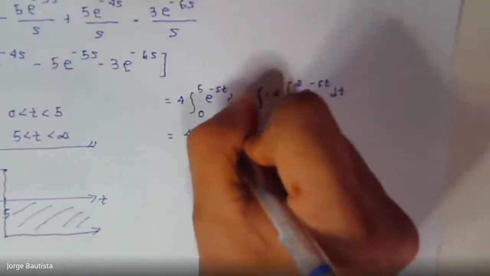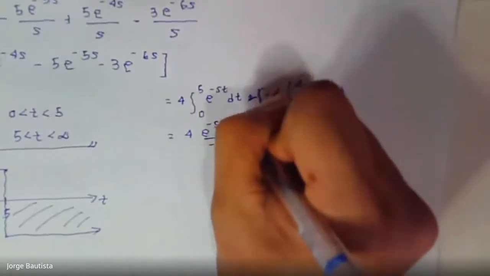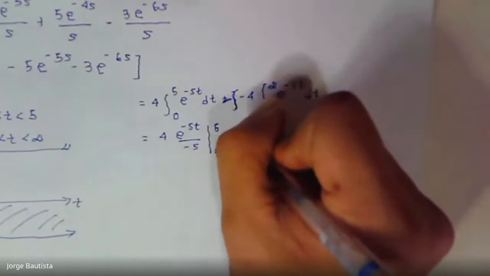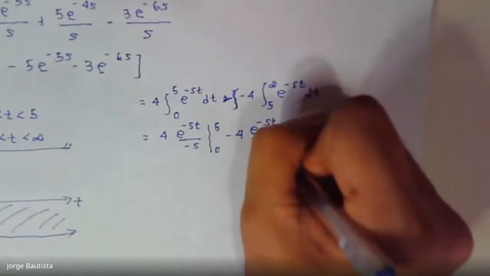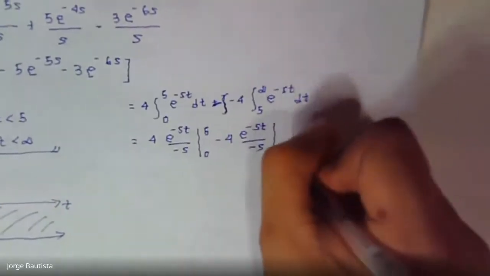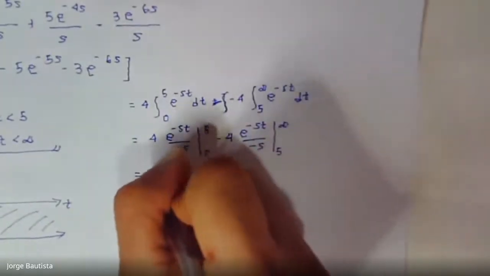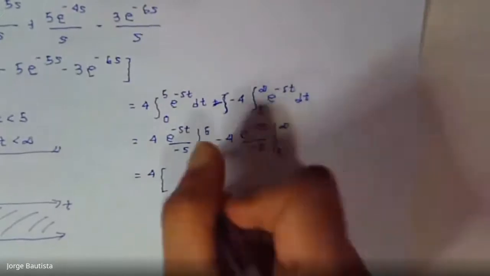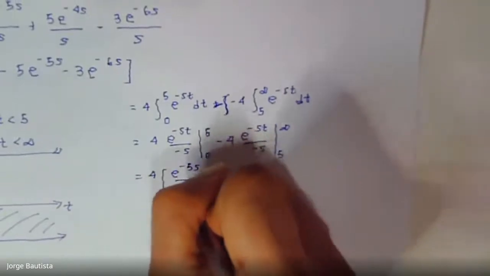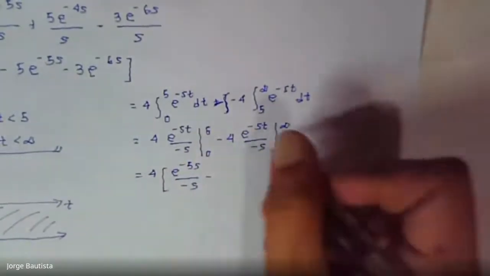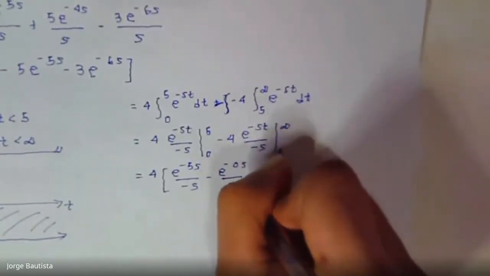So we have e raised to negative st all over negative s from 0 to 5. And then you have negative 4 e raised to negative st all over negative s from 5 to infinity. So we have 4 times e raised to negative 5s all over negative s minus e raised to negative 0s all over negative s.